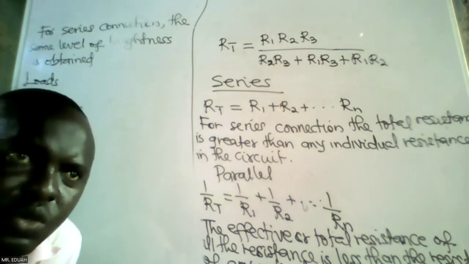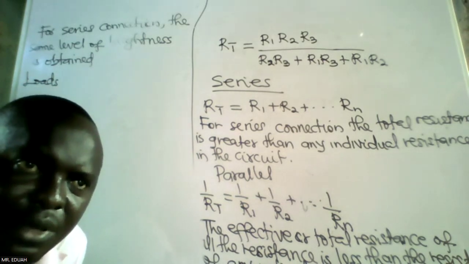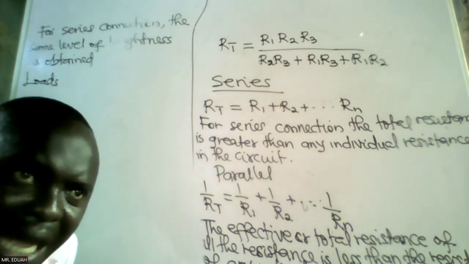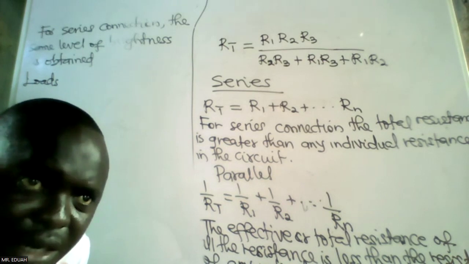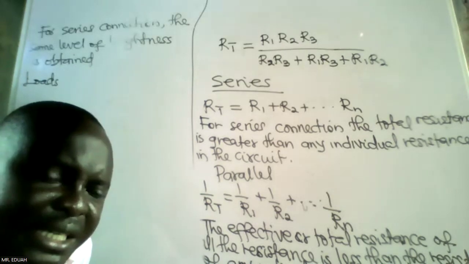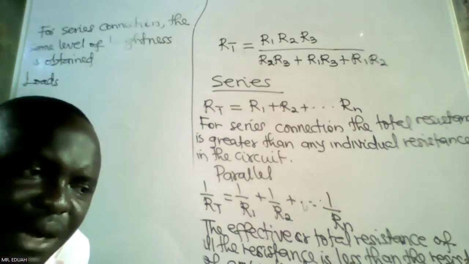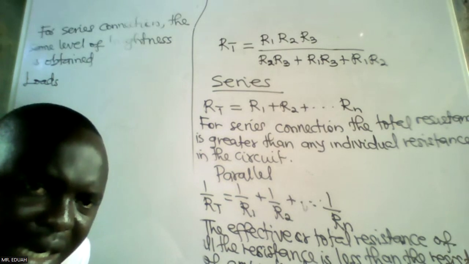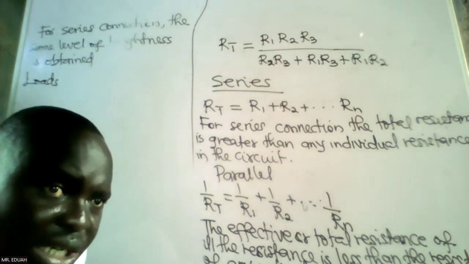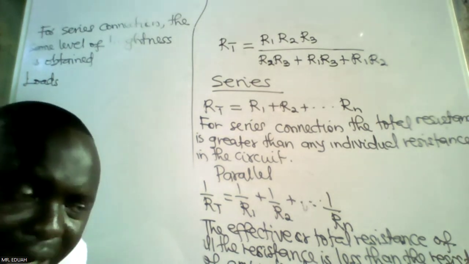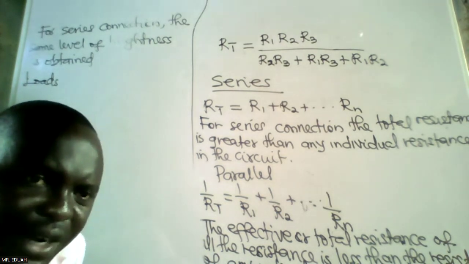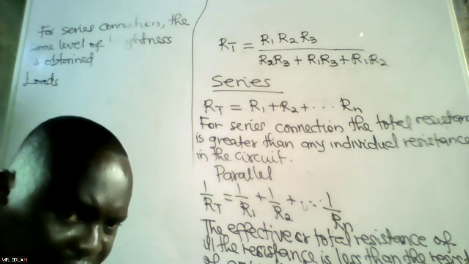For example, you can connect a bulb, iron, heater, fridge in series, but these are appliances that would require different currents for them to work. So when you connect these appliances in series, some will be able to work, some will not, because they require different current to operate.